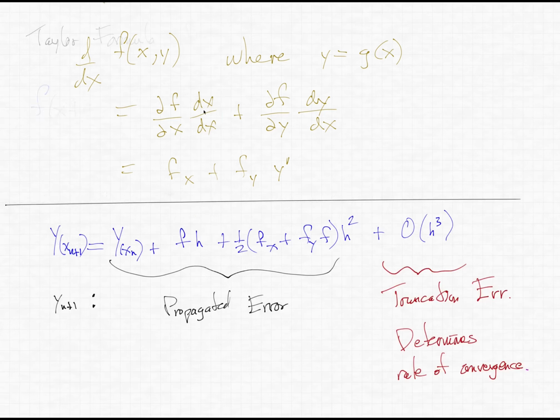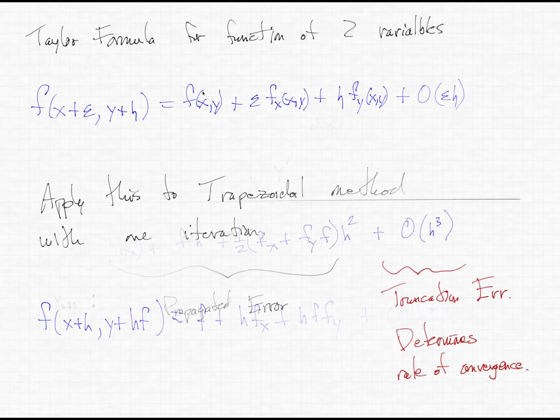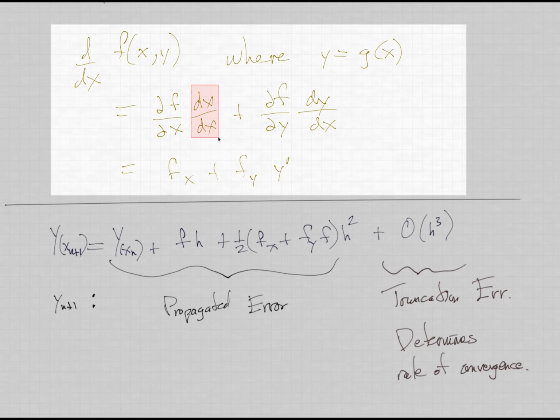Of course, this term is just 1. So that's going to disappear. And this is what I've been writing as f sub x. Right? Over here, we take the partial derivative of f with respect to y, and then we differentiate y with respect to x to get this. And so this is what I've been writing as f sub y, whereas dy dx, that is just y prime, right?